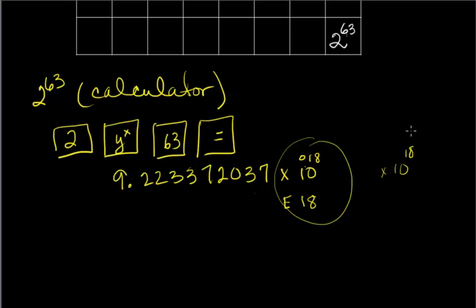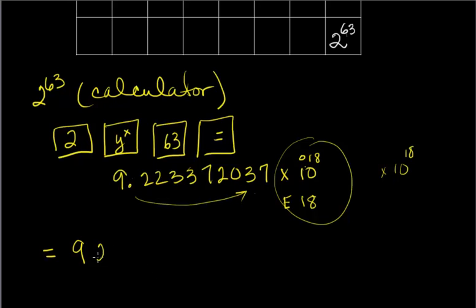So when you multiply a number times 10 to the 18th, that means that you move the decimal point 18 places to the right. So let's actually write out this number. 9, and now I'm going to move the decimal point 18 places to the right.